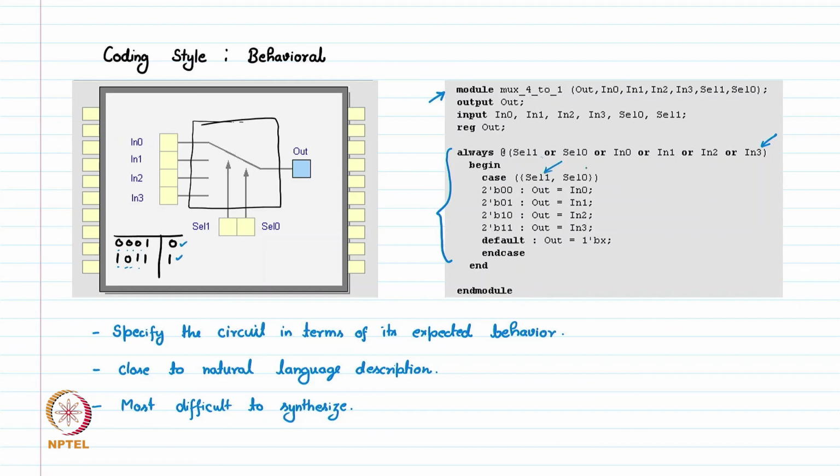Based on selector inputs selector 1 and 0, the output is either this or this or this or this, and by default the output should be 1 bit. So, this we do using begin and end statements, and this is the end module.